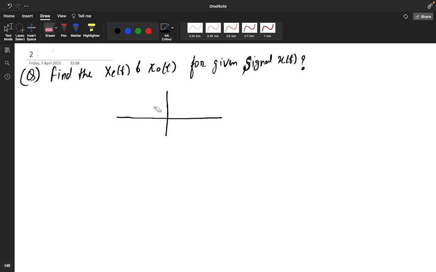Let me correct it. Okay, so your given signal is like this. This value is 2, this value is minus 1, this value is minus 2, this value is 1, this value is 2.